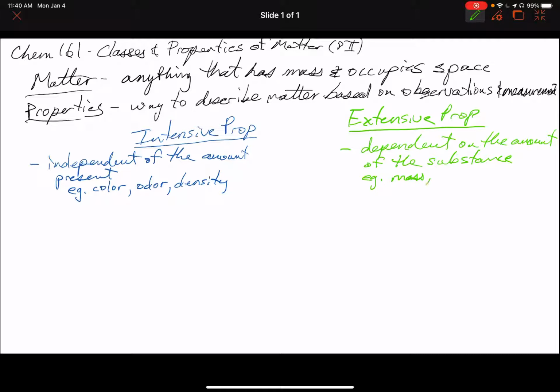The length, of course, should depend on how much we've got. Volume, even the number of particles, and we'll see in this course that a good unit to describe that is the moles of those particles. We'll see that later in our course. Excellent.